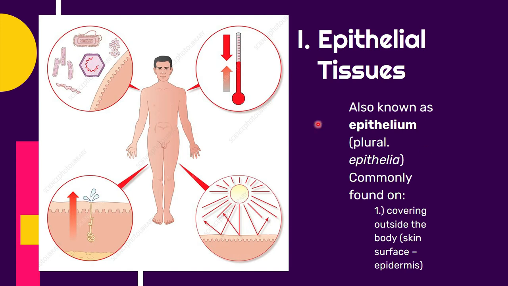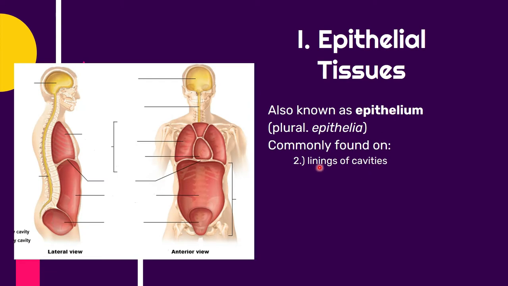And then epithelial tissues are also found in the linings of cavities. So what are cavities? Cavities of the body, or body cavities, are spaces inside the body where our organs are held.